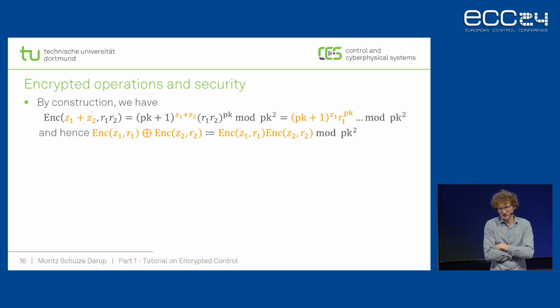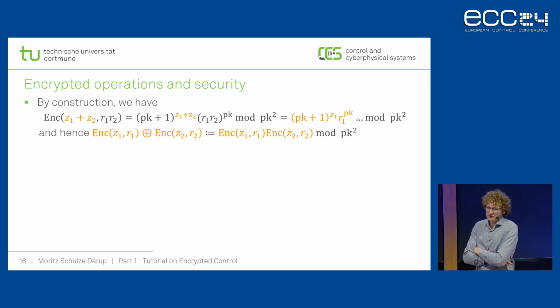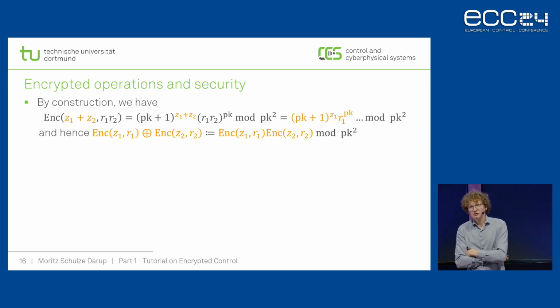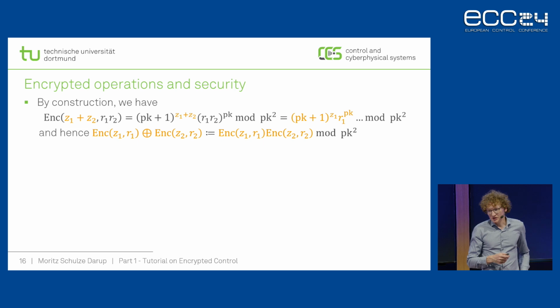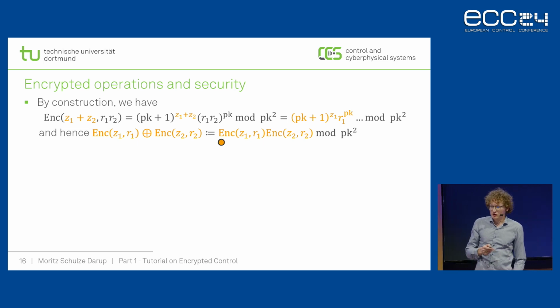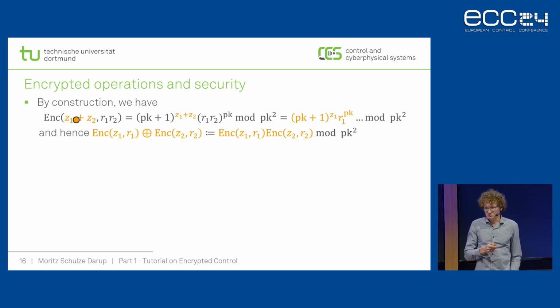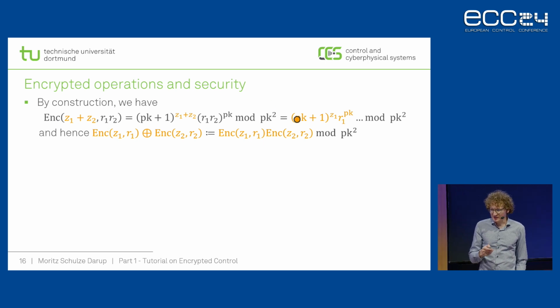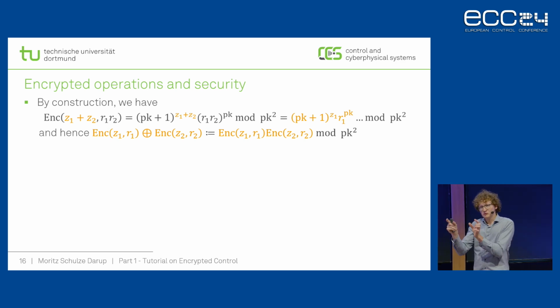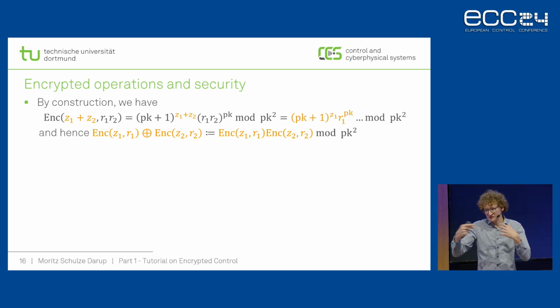Well, this slide is a standard crypto system, but what is new now is that you have encrypted operations available. I claimed that this scheme is additively homomorphic, hence there should be an encrypted addition. In order to construct this, think about how the encryption of the sum of two numbers would look. Then you will find that you get the multiplication of the two routines for the individual numbers in the result.